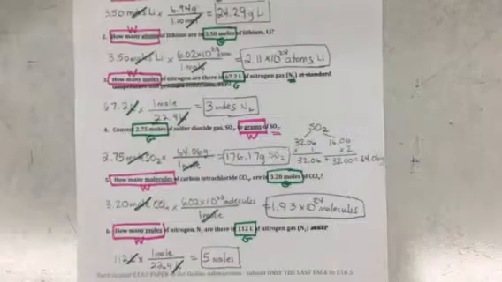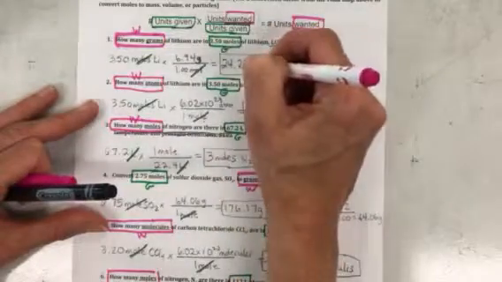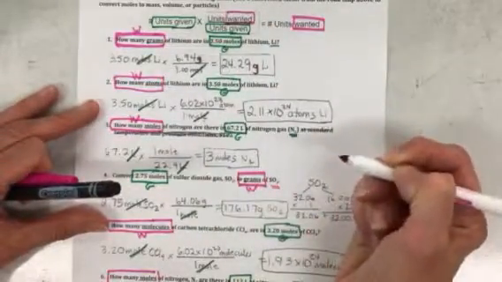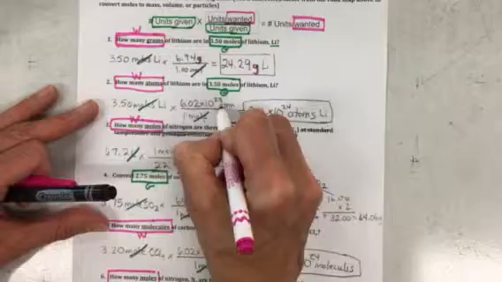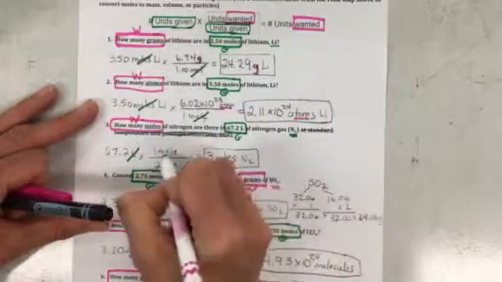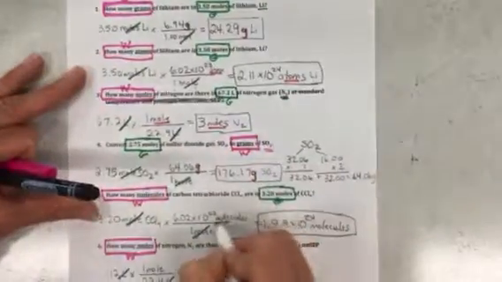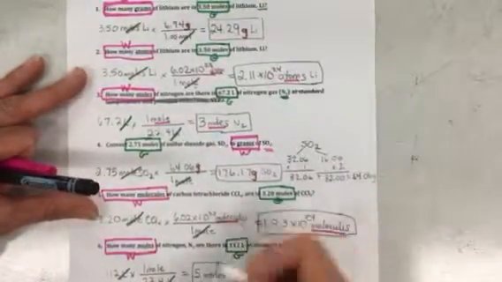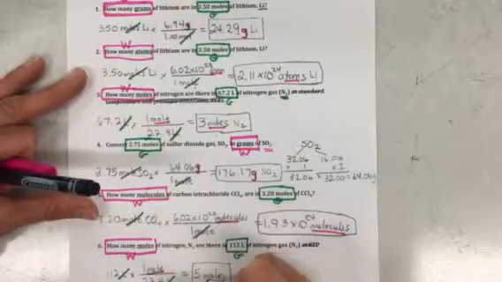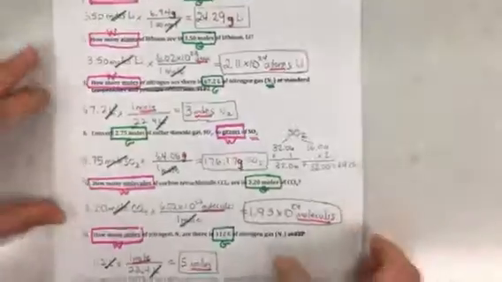And the wanted units always end up on the top of the conversion factor. And then that is what our answer is in. So those match. Atom matches atom. Moles and moles. Grams and grams. Molecules and molecules. Moles and moles. Okay. Follow the pattern and you will do fine.